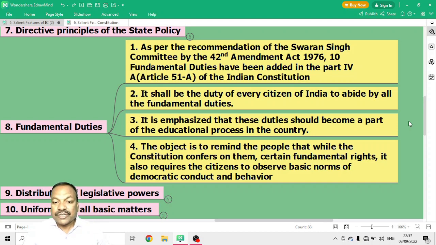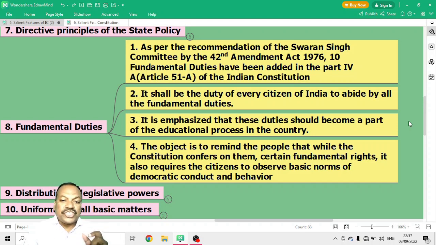For example, presently we are having one subject called environmental studies. So through the educational process we have been taught Article 51A, that is the fundamental duties of the Indian Constitution, through one subject.